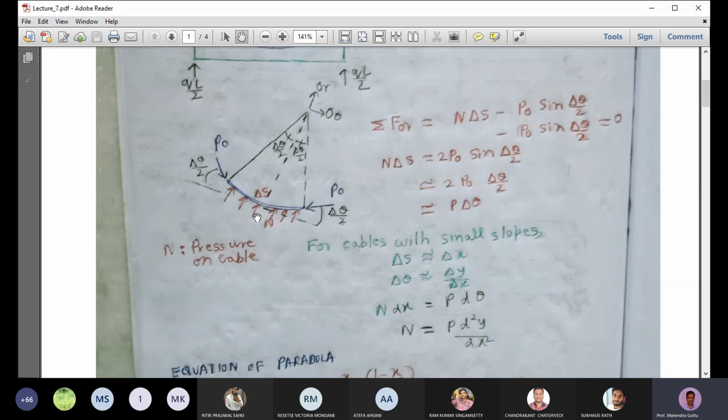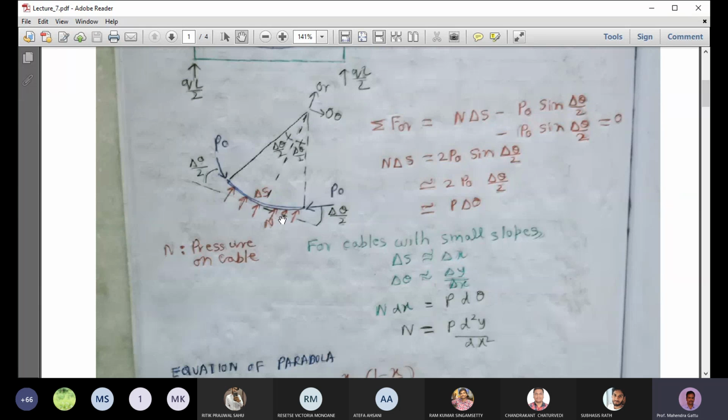N is perpendicular to this line, so it is oriented along the OR direction. So we will find the components of forces in the OR direction. In the OR direction, we have N ds, the pressure multiplied by the surface area. We are taking unit thickness, so N ds into 1 is N ds only. And we have to find the component of this force P naught in the OR direction.